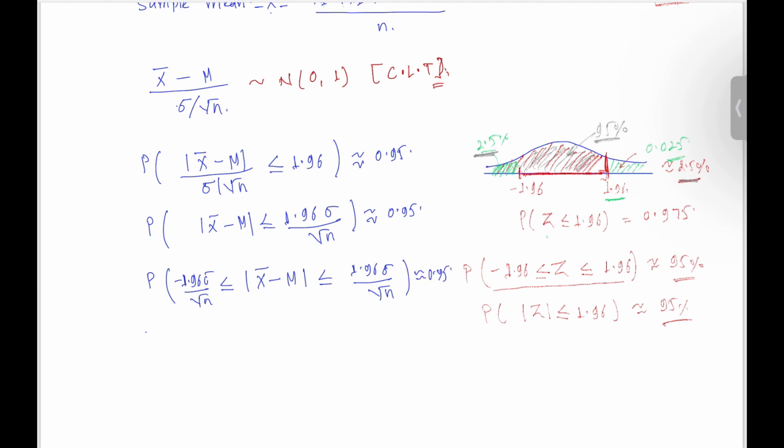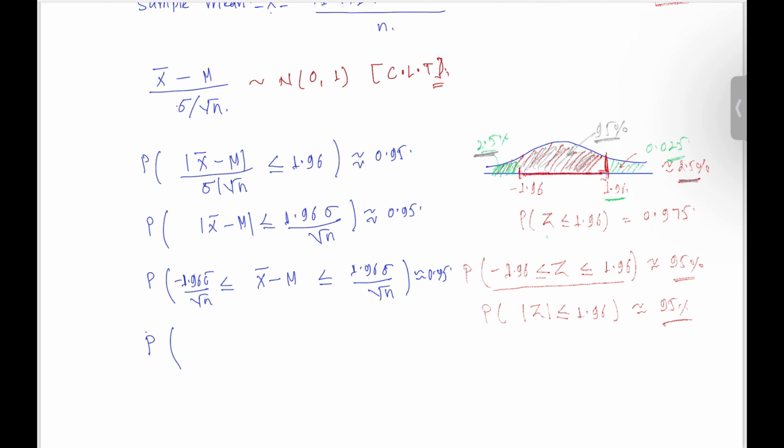And we can do the further calculation. Then here we will not have this absolute sign. Now what we can do is multiply both sides by negative, right? So this will be positive, and here it will be mu minus X bar, and this will be negative.